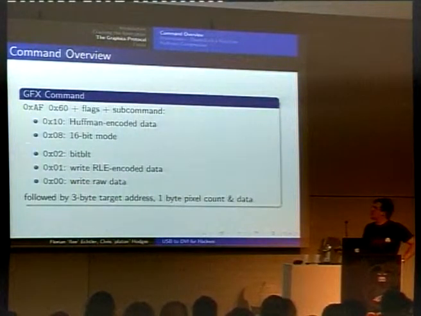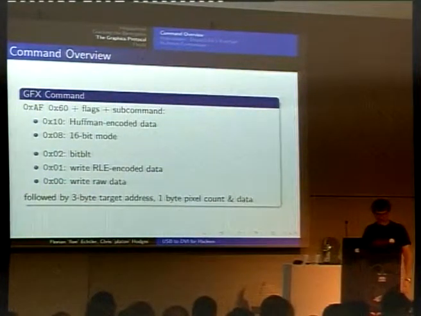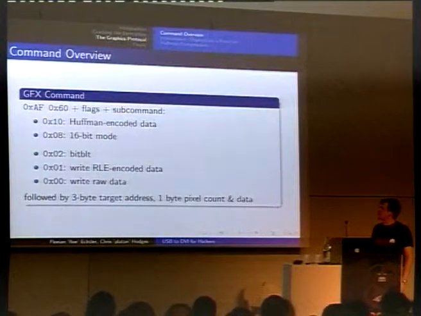You can do copy on device. You can write data in a certain RLE, run length encoded, well, not too efficient encoding, but this is, for example, used by the driver to clear the frame buffer. So for big runs of similar colors, this is quite efficient, in fact. And you can, of course, just write raw data to the device.